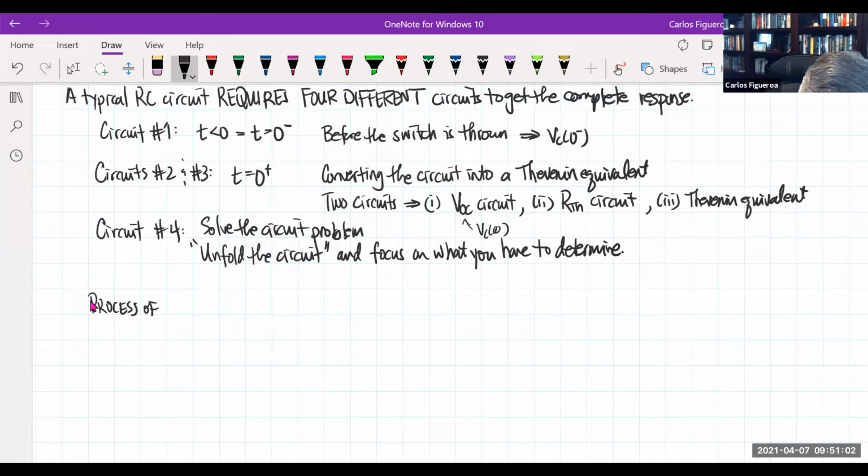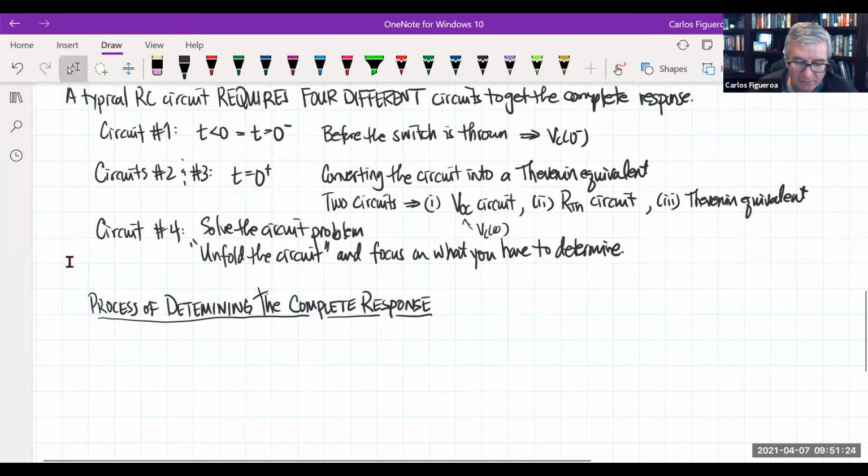of determining the complete response. So the process of determining the complete response, you could see what I have right here, right?